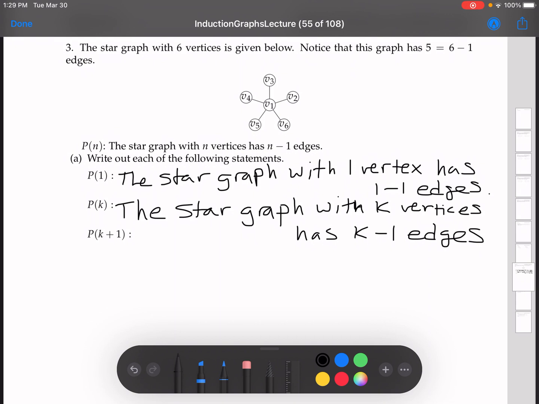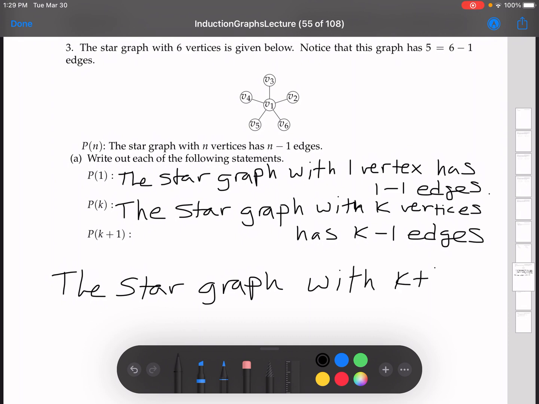So P of k plus 1: the star graph with k plus 1 vertices has k plus 1 minus 1 edges.